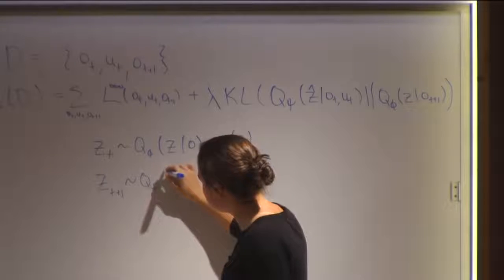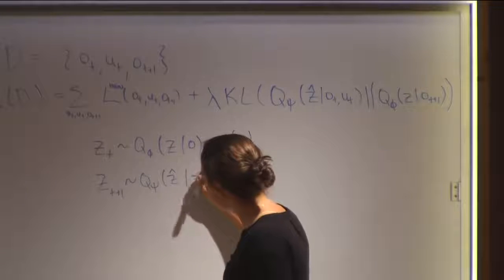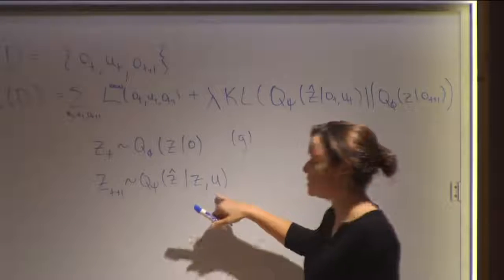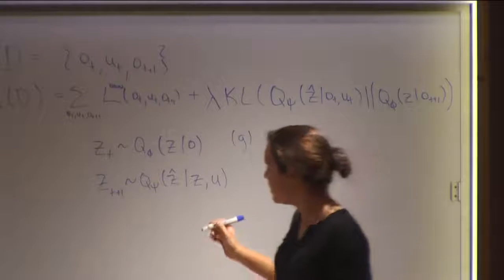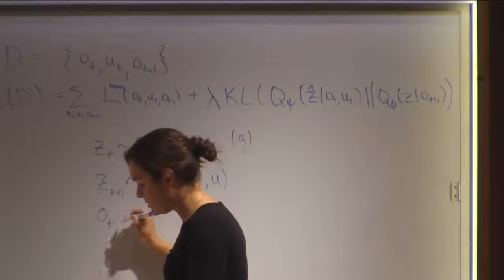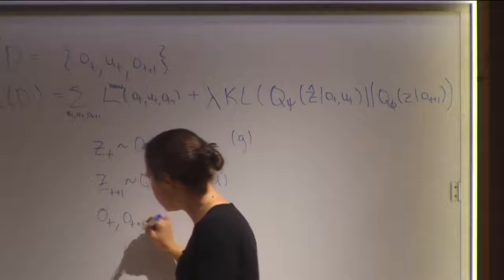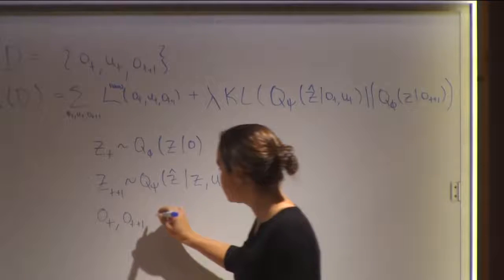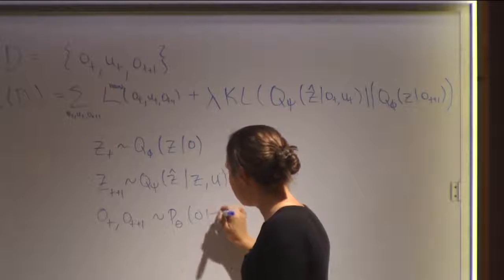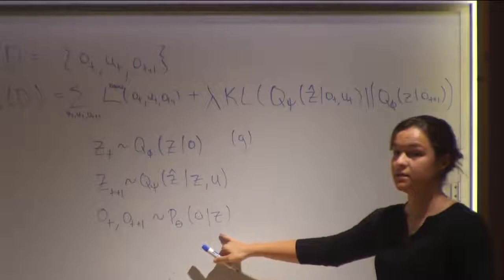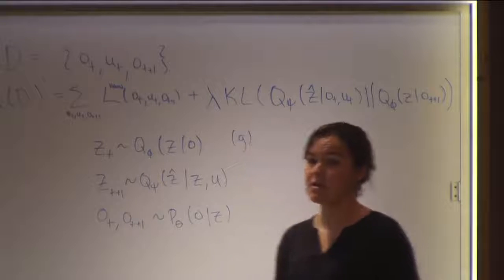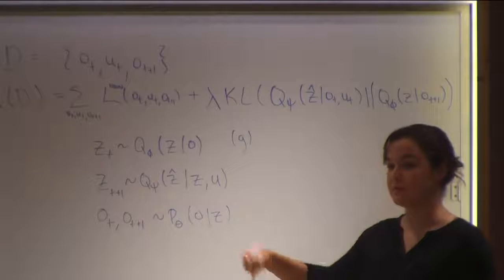So this is q phi of z hat given z and u. So this is the model in the latent space. The last thing is what you could call the decoder. So this is the observations, which are another network P of O given Z. So this is what maps from your latent state back to your observation. In the autoencoder way of looking at things, this is the reconstruction network that maps from your latent state back to your observation.